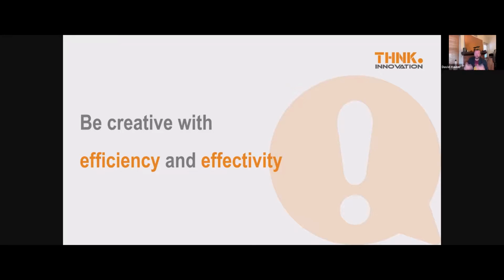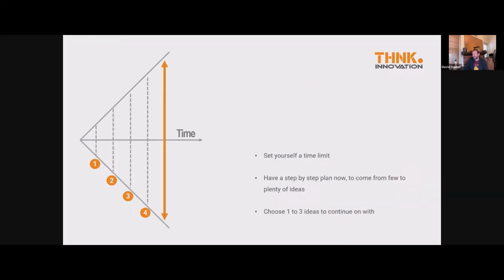What you want is to spend a lot of time identifying the right problem to solve, and then you want to be creative, ideate with efficiency and effectiveness. You do that by setting yourself time limits and having a plan for how you can come up with ideas in an efficient way.